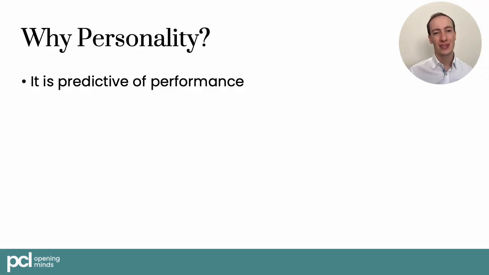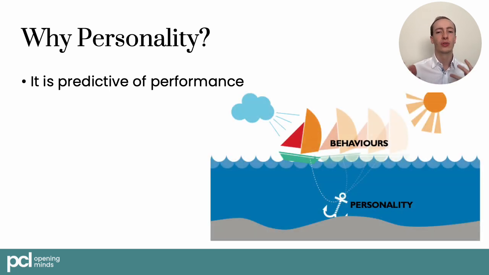So, why personality? Personality introduces a behavioural bias, and although all of us have free will and can decide on a course of action in any given moment, there will be a persistent tendency to revert back to our basic dispositions. By analogy, a boat, for example, can move around on the surface of the water, but it will always centre around an anchor point that may be on the ocean bed.